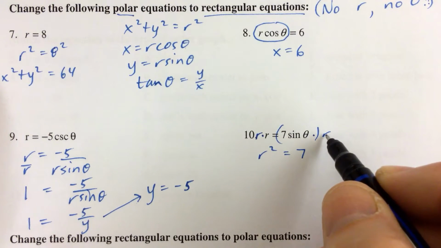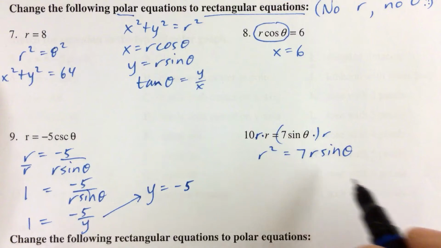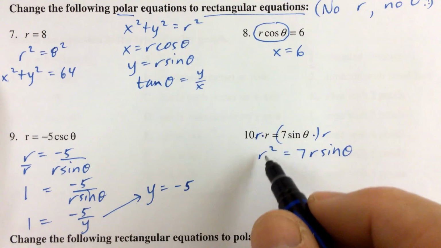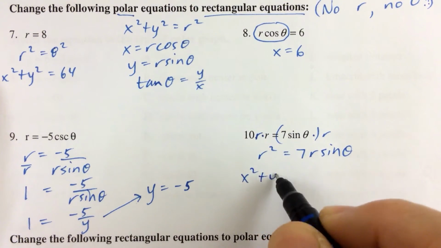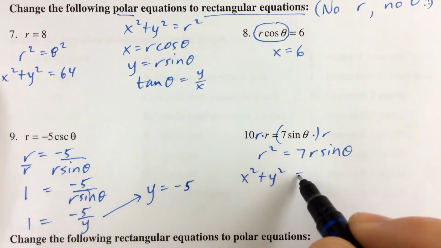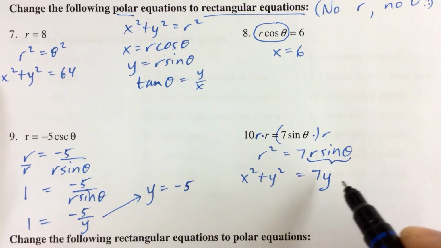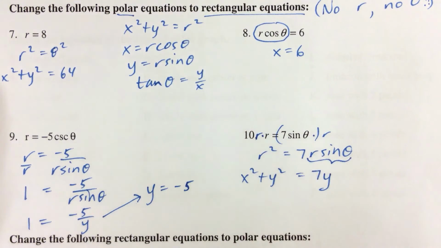And then look at how convenient this is. We can move that r right there next to that sine of theta, and we get 7r sine theta. And we now can go ahead and make our switch. r squared is x squared plus y squared, and the r sine theta, well, that's just y. And you can go ahead and leave it alone. That's good enough.